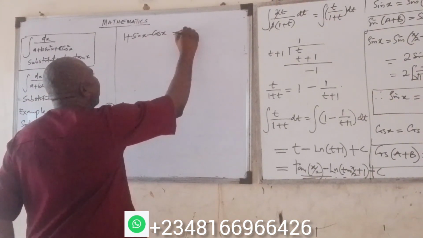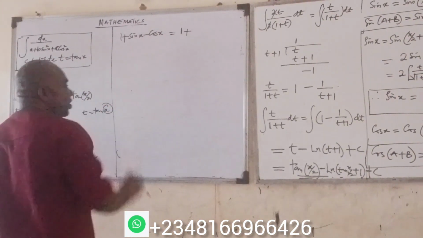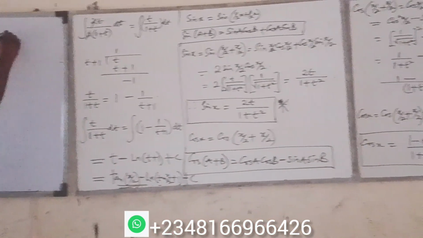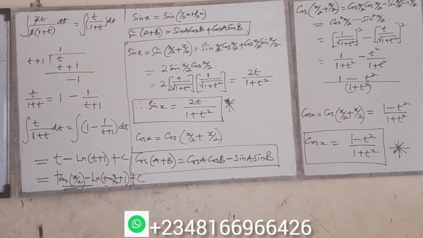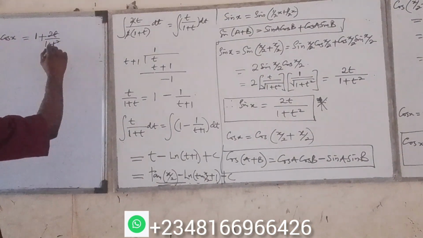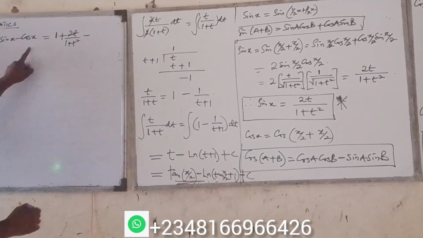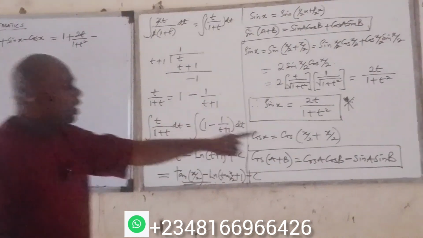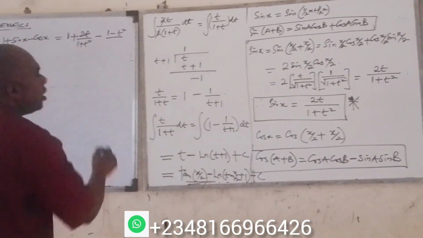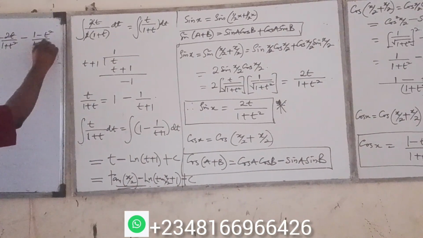Let's look at the value of sine x: we have 2t all over 1 plus t squared, minus cos x, and cos x is 1 minus t squared all over 1 plus t squared.